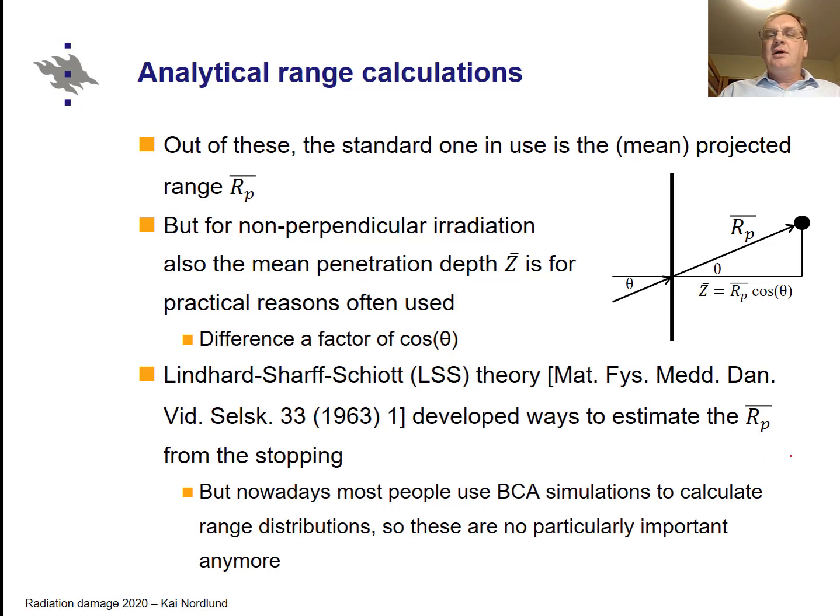So I didn't even start writing out these equations. The BCA simulations are definitely more reliable and also fast enough for most practical purposes. We will come back to these BCA simulations later in this section in the next video.